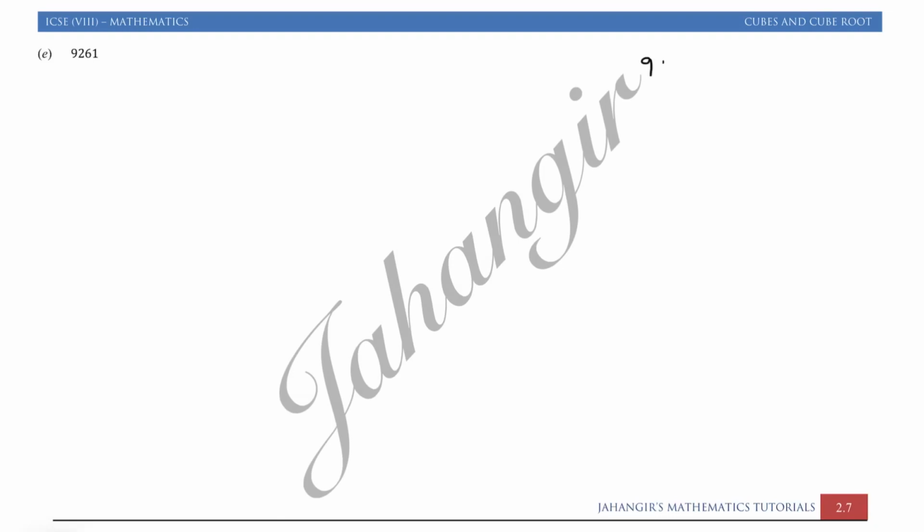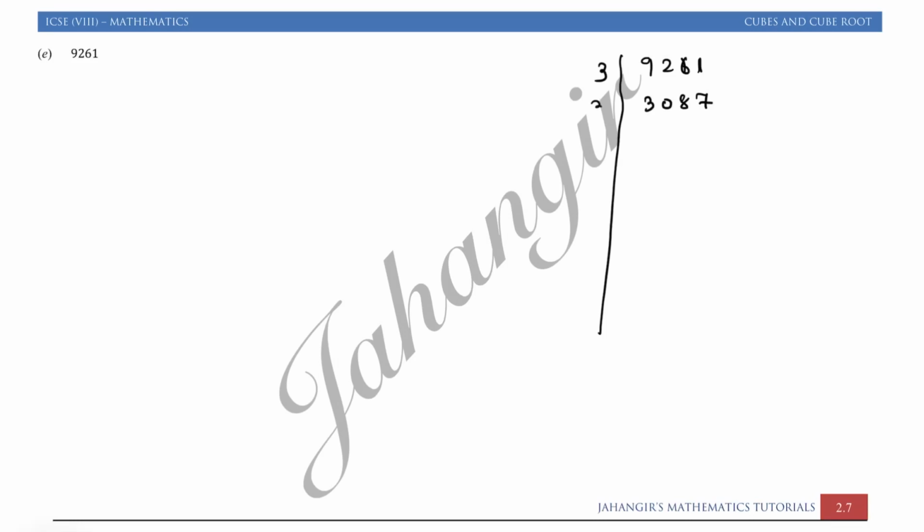9261, you have to check whether it is a perfect cube or not. For that first we have to find prime factors. Let's start with 3. 3 3s are 9, 0, 3 8s are 24, 3 7s are 10.